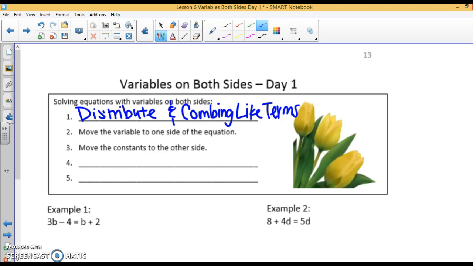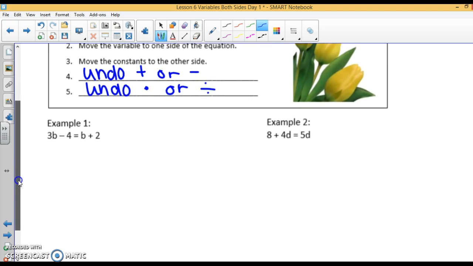So you want them to end up on the same side of the equal sign. Then you want to move the constant to the other side, just like we do in a regular problem, how we just did in some of our other lessons. Then we want to undo our addition or subtraction and undo any multiplication or division, just like in the rest of our equations.